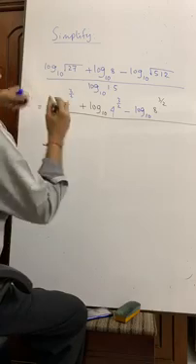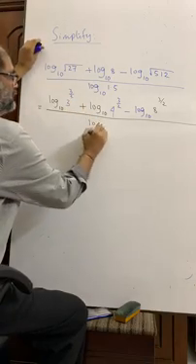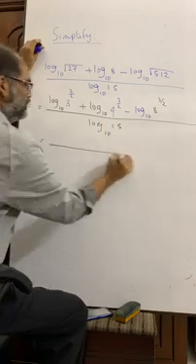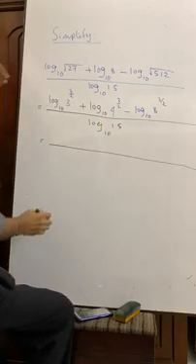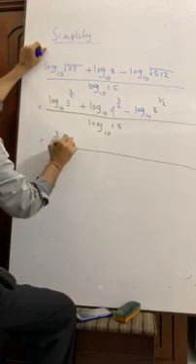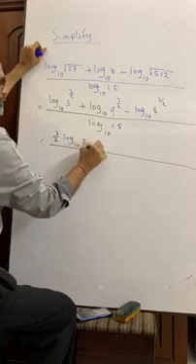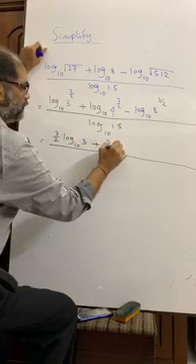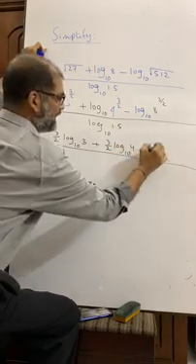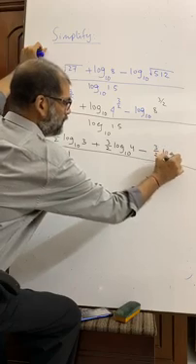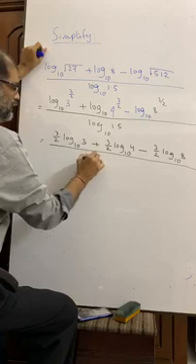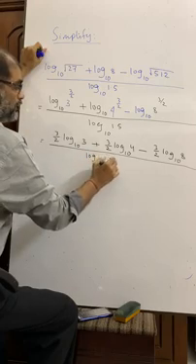Then we can write here log 10 1.5 is equal to 3 by 2 log 10 base 3 by 2 log 10 base 4 minus 3 by 2 log 10 base 8. This is what? Log 10 1.5.